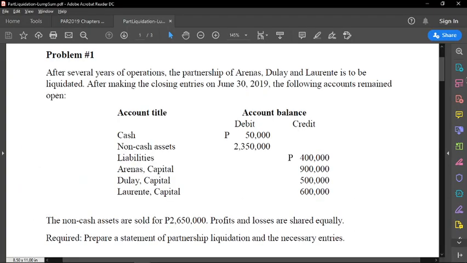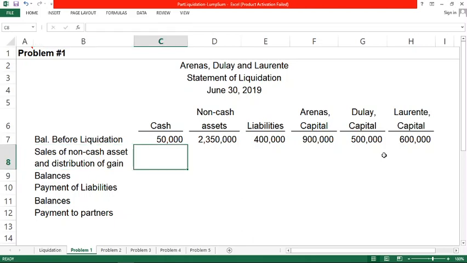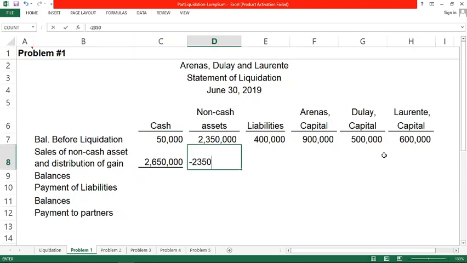So if that is lump sum, all the assets are sold at once, and they realized how much? That is 2.65 million. So you received cash of 2,650, and all 2,350 of the non-cash assets were eliminated. 2,350 was sold for 2,650.